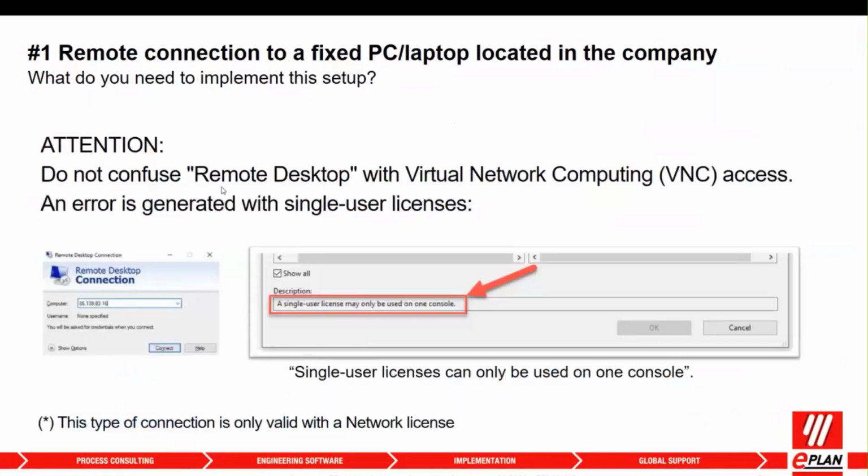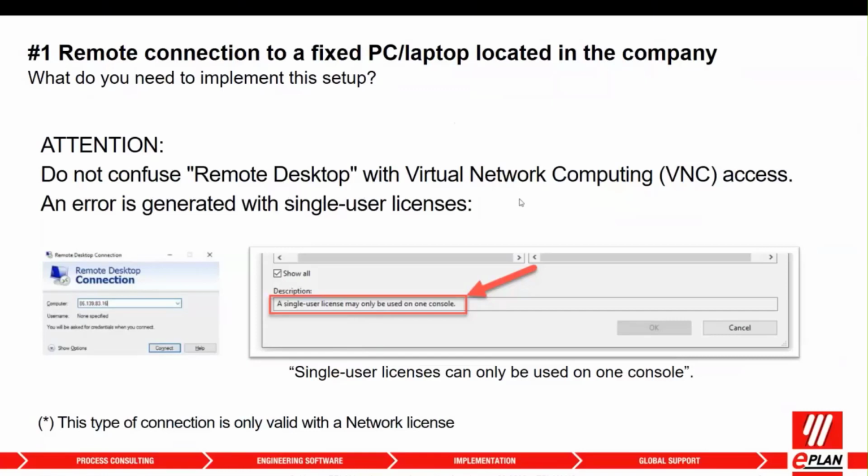One note that you should write down here is there is a remote desktop connection and VNC, and those are two different solutions. A remote desktop is integrated with Windows, and when you try to use a remote desktop, if you are using a single user license, then EPLAN will trigger this error because it will think that you're using the same license on a different computer, and this can violate the license agreement.